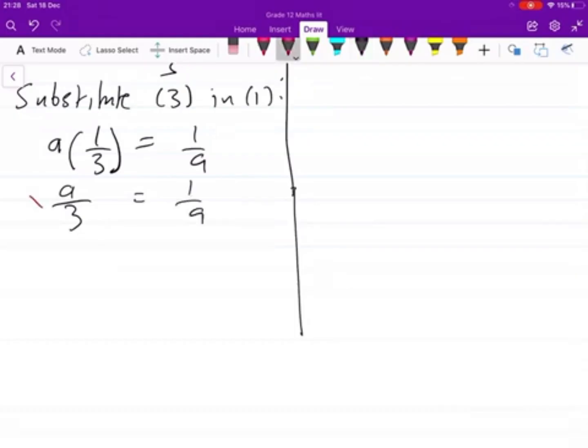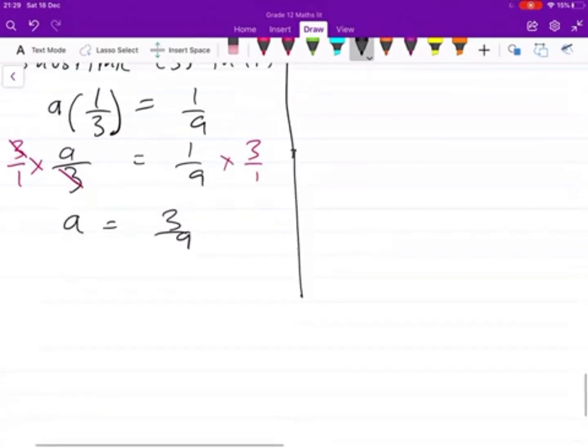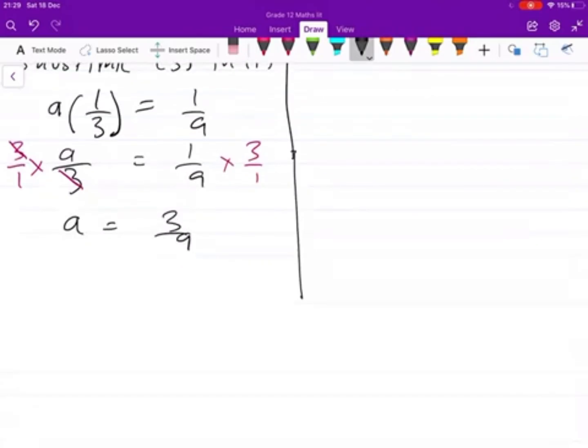We can apply the multiplicative inverse by multiplying by 3 over 1. This and this cancel out. A is equal to 3 over 9. Therefore, lo and behold, 3 into 3 goes once, and 3 into 9 goes 3 times. Lo and behold, we have found our first term.